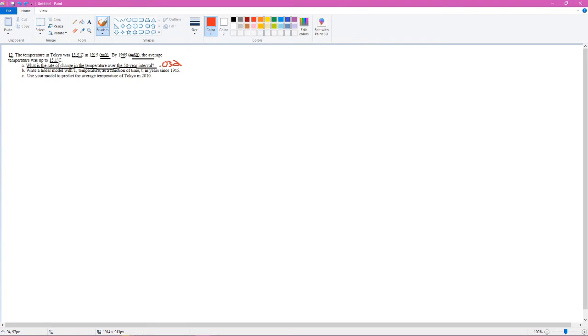Okay, so for the next question, we have: write a linear model with T, temperature, as a function of time, t in years since 1915. So we're going to start with a capital T for temperature, since that's what it asked for. And then we're going to say that is equal to 0.032 times, and it's going to be multiplied by the number of years.